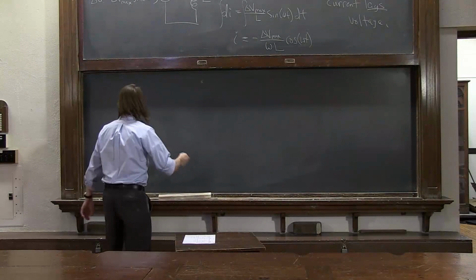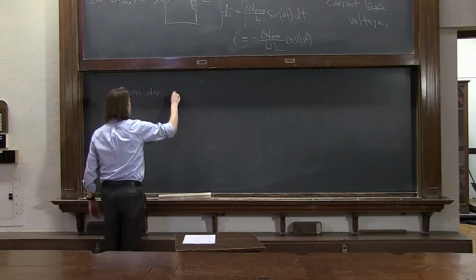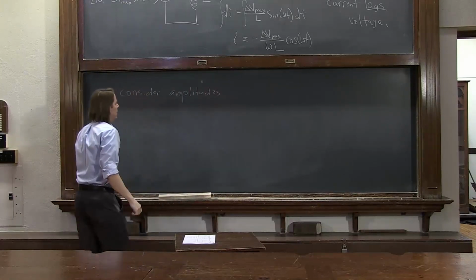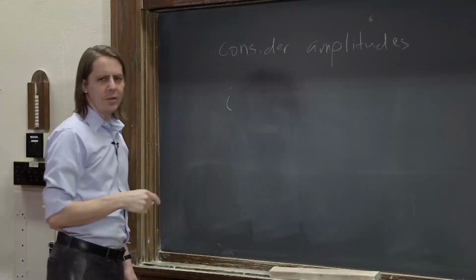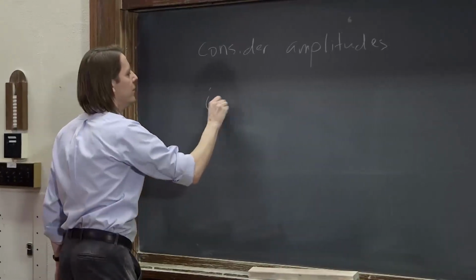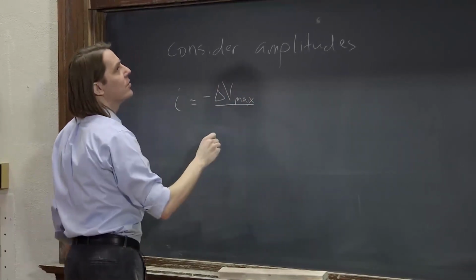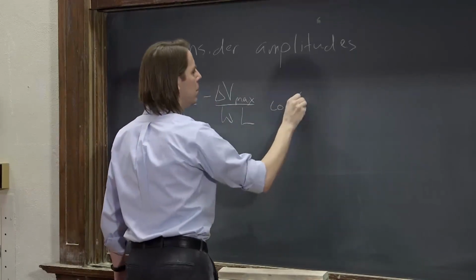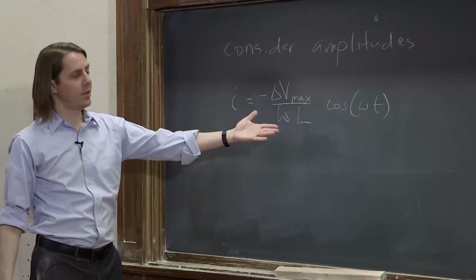So again, if we don't want to worry about phases in AC, let's just consider the amplitudes. So if we go back, our current in the AC-driven inductor was equal to minus delta V max over omega L cosine omega t. And that's just a simple sinusoid.